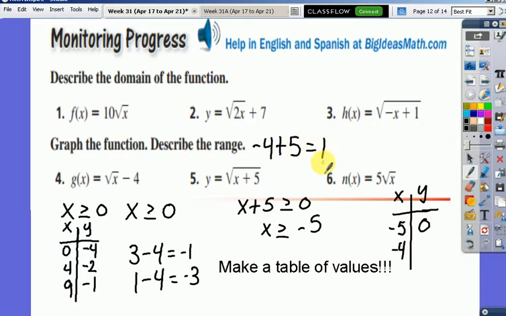Square root of 1 is 1, right? But then if I plug in -3, am I going to get a perfect square? 5 plus -3 is 2. Square root of 2 is a decimal, right? So I may not want to try -3. Try another number, so that you're dealing with perfect squares. Does that make sense? So you get nice, even numbers to graph. That's the only really challenging part about this. And that's just going to take some practice.